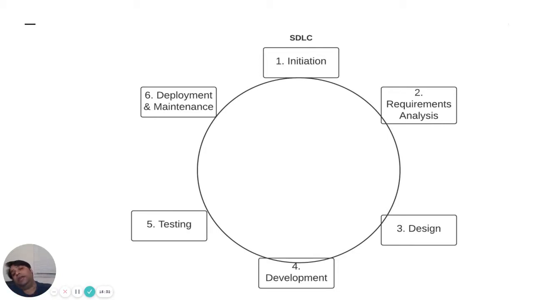It involves eliciting, analyzing, and documenting requirements, which is the primary role of the business analyst. In the first phase, the business analyst is probably not included, but in the second phase, requirement analysis, that is a must-do for the business analyst.